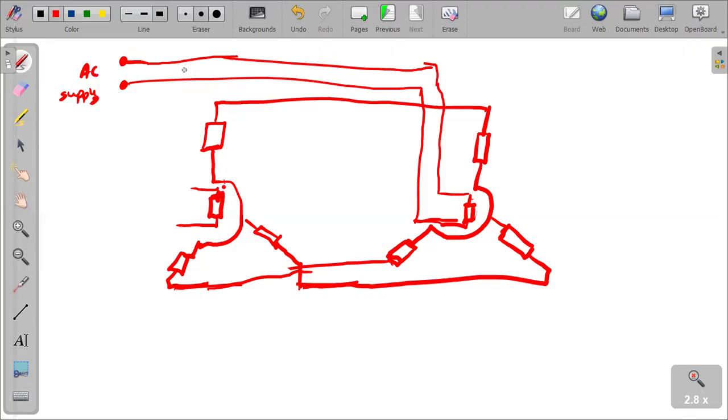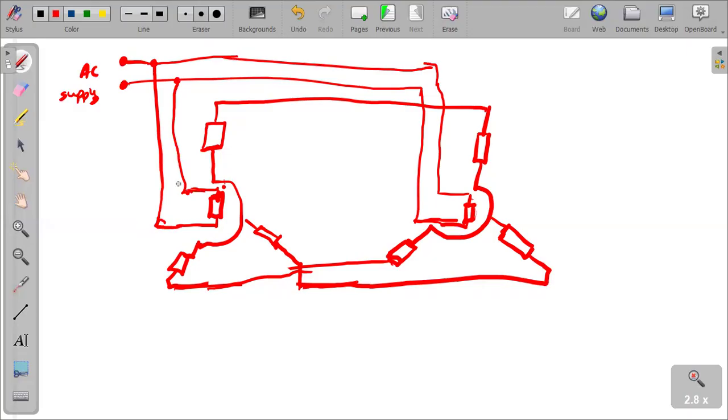And then it's interconnected again to the other one. There is the other one again, and there is a connection here, directly connected to this.